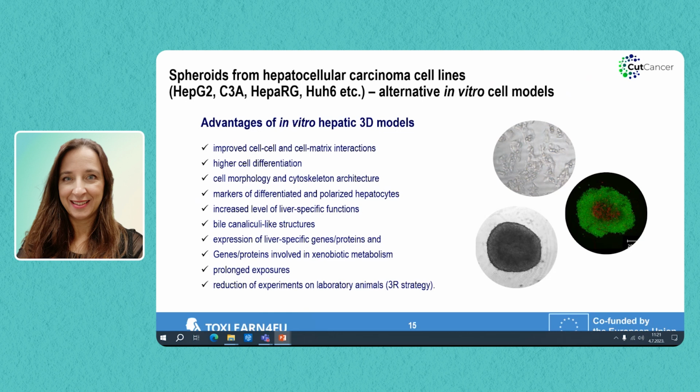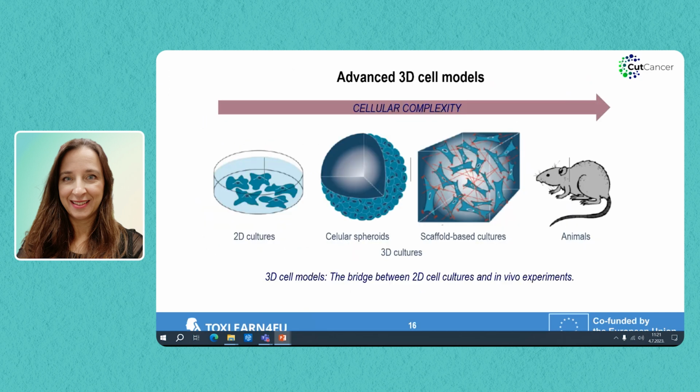Probably such models will not replace the animals, but they will reduce the number of animals, because we can do a lot of preliminary experiments in such better models than the 2D models traditionally used. So we can say that these 3D cultures represent the bridge between 2D cultures and the animals.